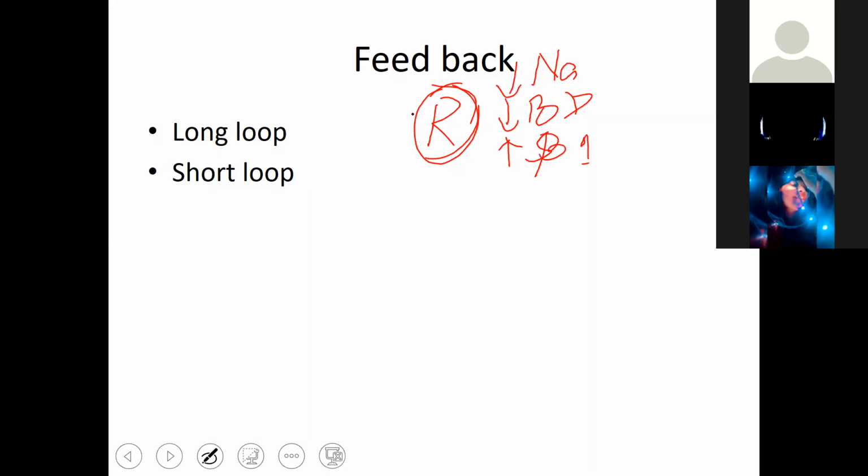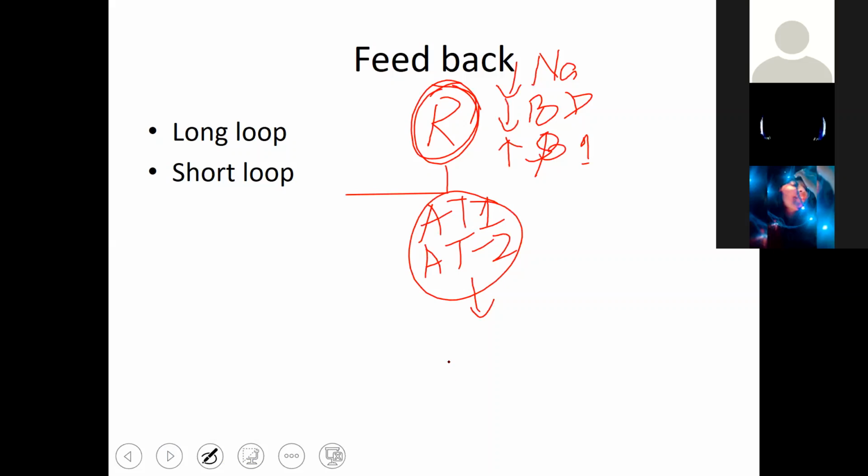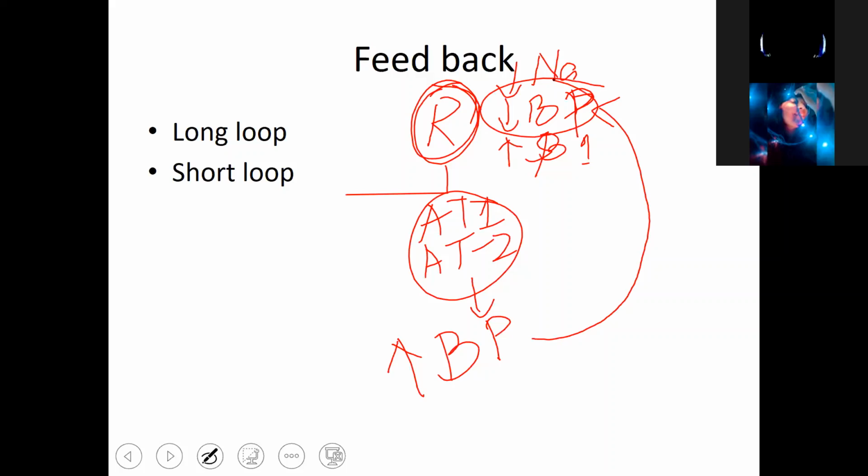Renin is secreted and forms angiotensin 1, then angiotensin 2, which causes vasoconstriction and a rise of blood pressure. When blood pressure rises, the decrease in blood pressure is taken care of. So when the blood pressure rises, this part goes, and obviously it will inhibit the renin release.